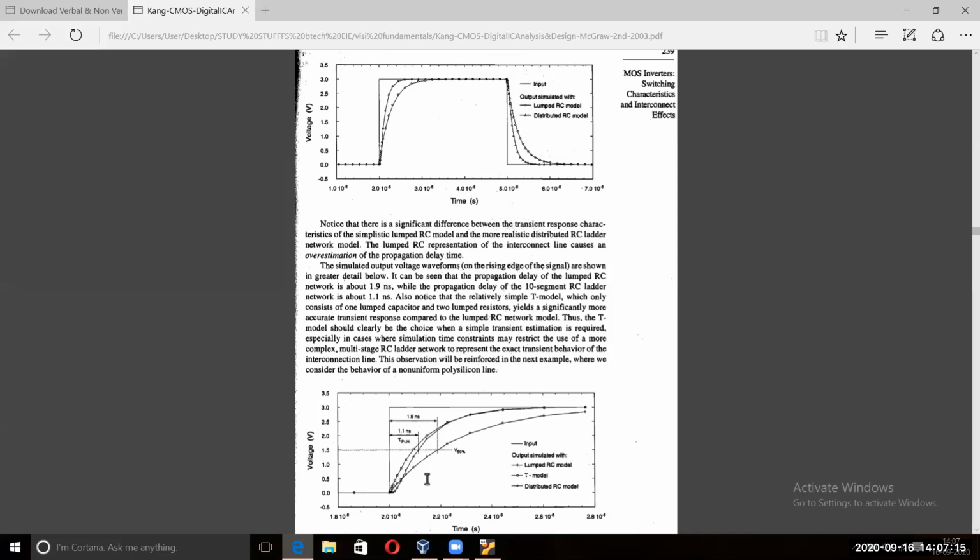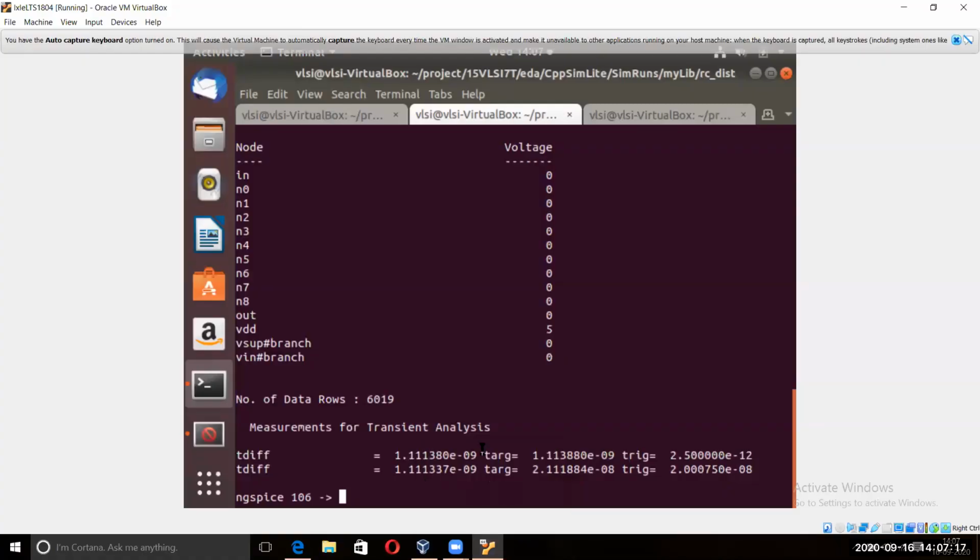Verified, yes. Okay, so here the important point is you should really take interest in this subject, because whatever we have discussed in our theory class, exactly that thing they are demonstrating here. So you understand how these things are working. In the lumped it's 1.9 and in the distributed it's 1.1.